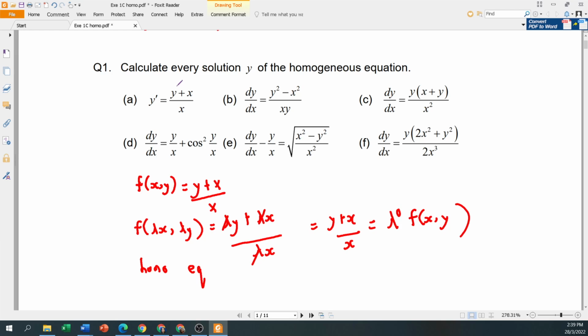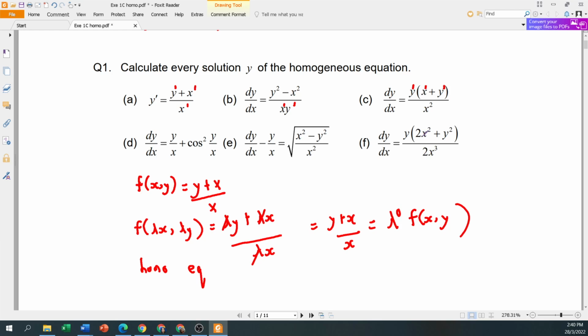As a shortcut, for a homogeneous equation, normally the power for each term must be the same. Here it is 2, 2. x power 1 times x power 1, total is power 2. Here you see xy and y times y, total is power 2, divided by x squared is power 2. Here 2x squared y is total power 3, y cubed is total power 3, divided by 2x cubed is total power 3.